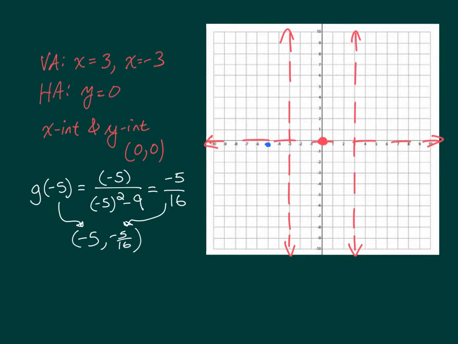So what this ordered pair tells us is that when we are left of this vertical asymptote, the graph will be beneath the horizontal asymptote. So in order to draw that in, it's going to look something like this.